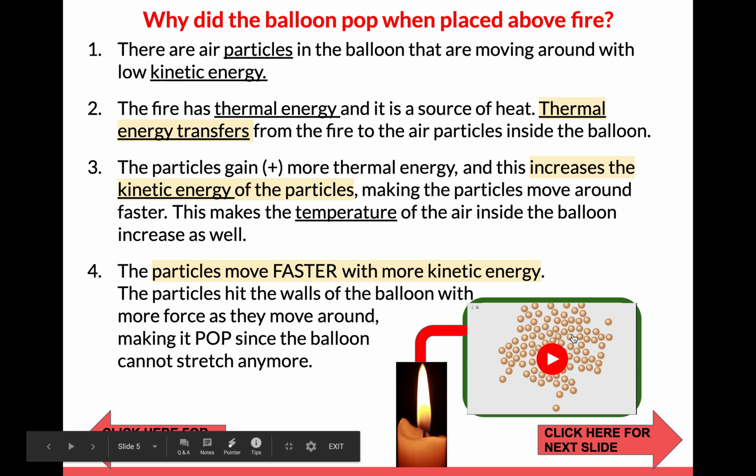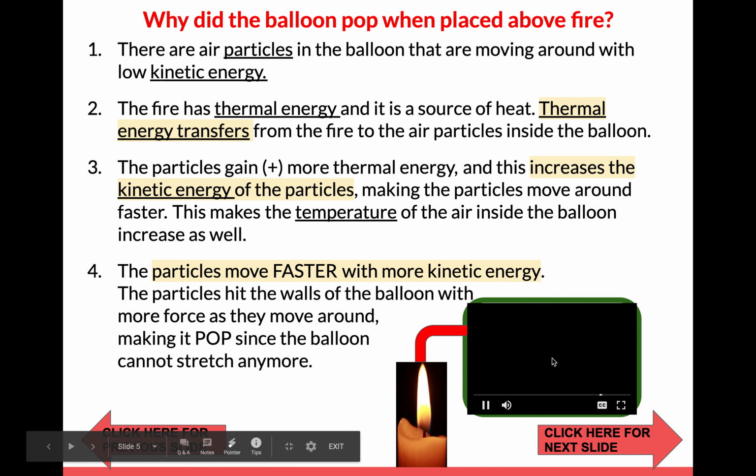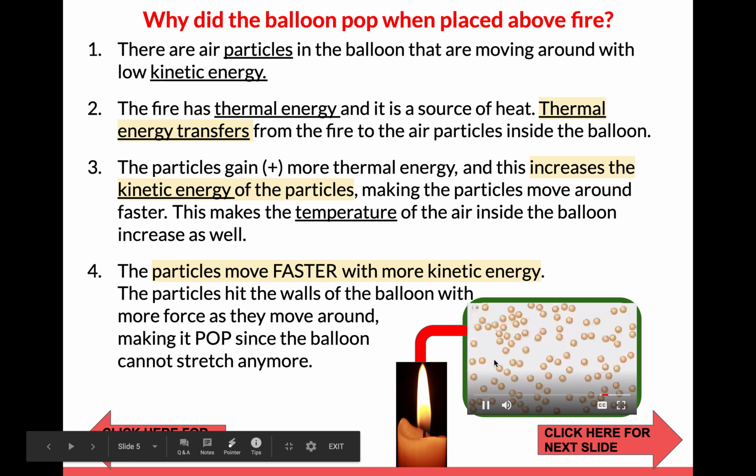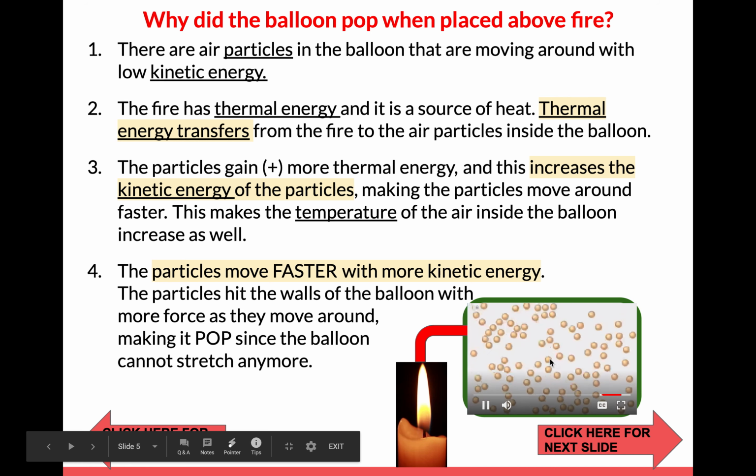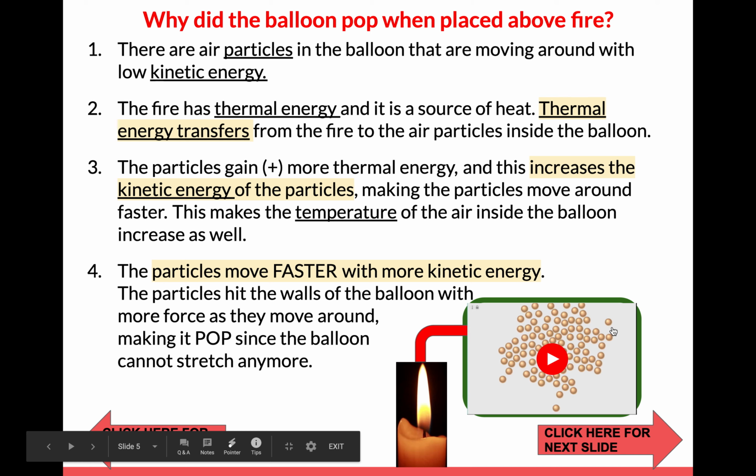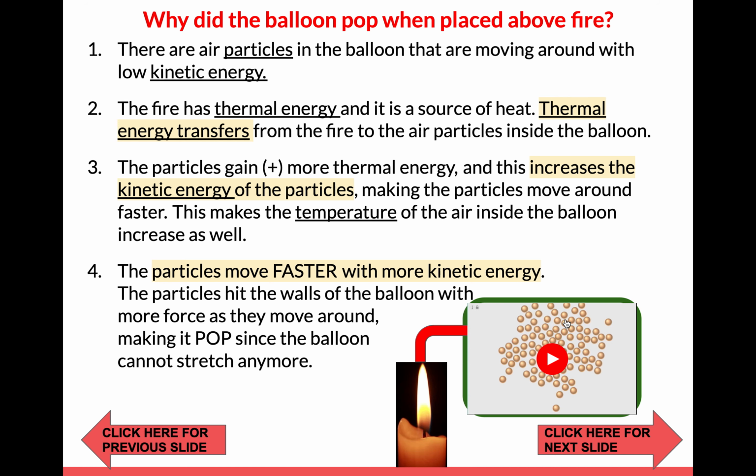When that happens, these particles gain more thermal energy and this increases their kinetic energy, making the particles move around faster. This will make the temperature of the air inside the balloon increase as well. Because the particles are moving faster with more kinetic energy, they hit the walls of the balloon with more force, making it pop since the balloon cannot stretch anymore.